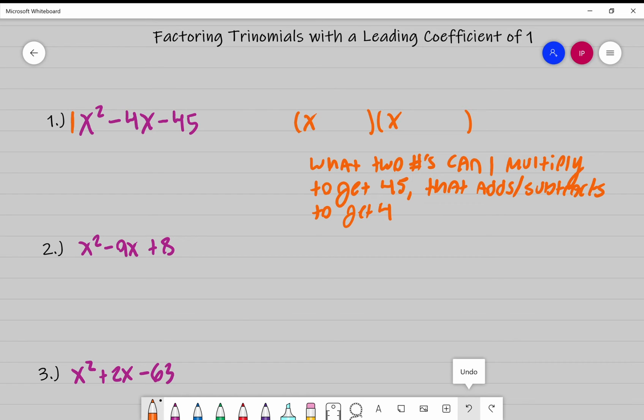Alright, and in different problems, your numbers are going to be different, but you'll just say, what two numbers can I multiply to get whatever this number is, that adds or subtracts to get whatever this number is. But in this case, 45 and 4 are our numbers. It's a tongue twister.